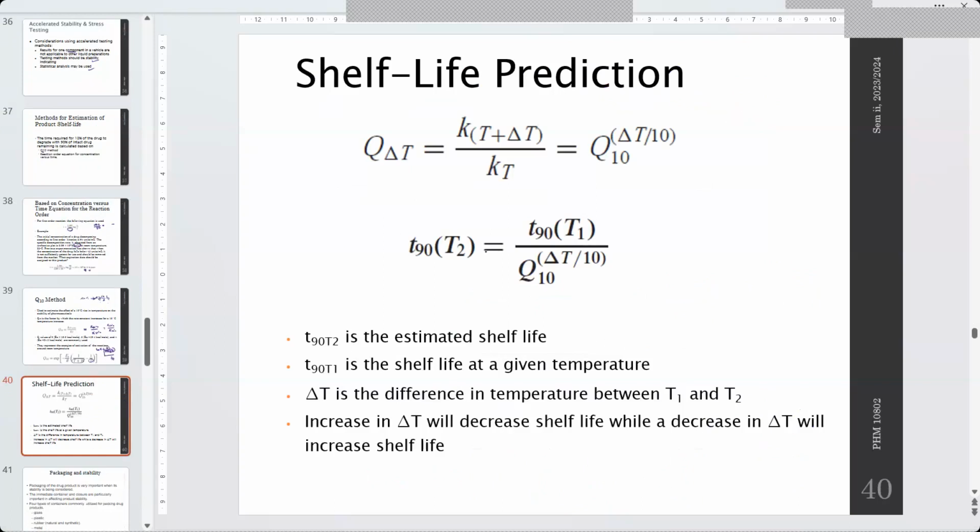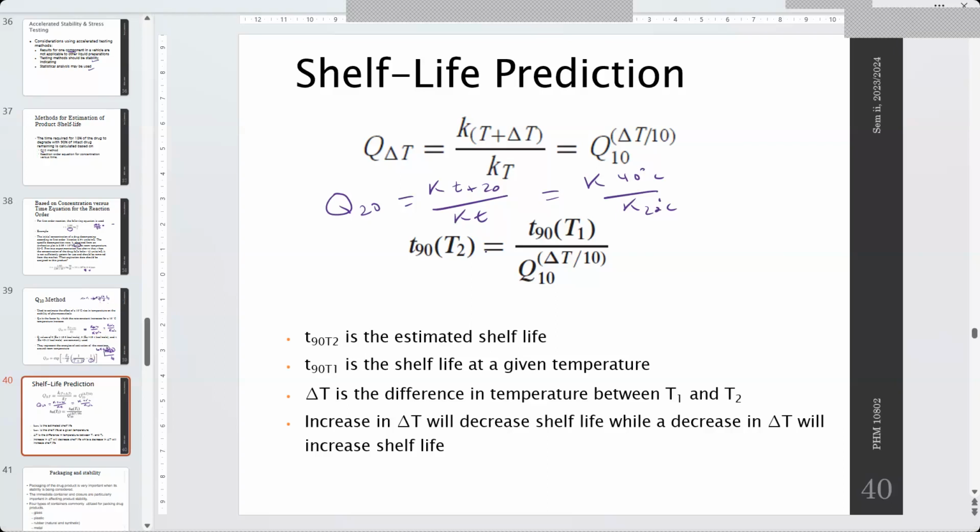Instead of Q10, we have also Q maybe 20. If the difference is 20 degrees, this equal to K, say for example, T plus 20 divided by K, T. For example, you can say K 40 degrees divided by K 20 degrees. Reaction rate constant at 40 and reaction rate constant at 20 degrees. Any two temperatures that the difference between them is 20.